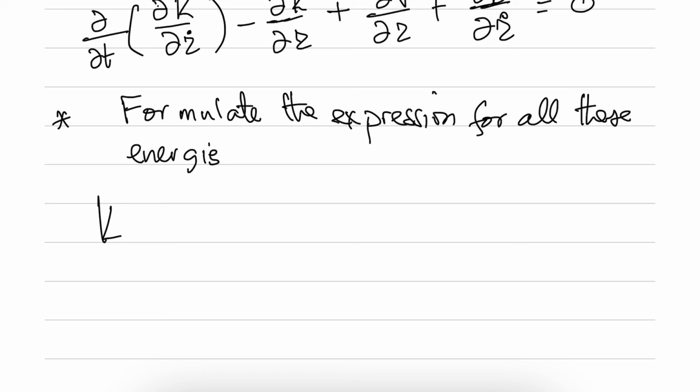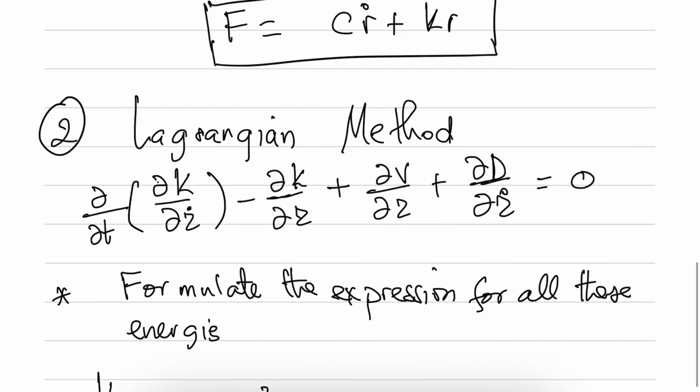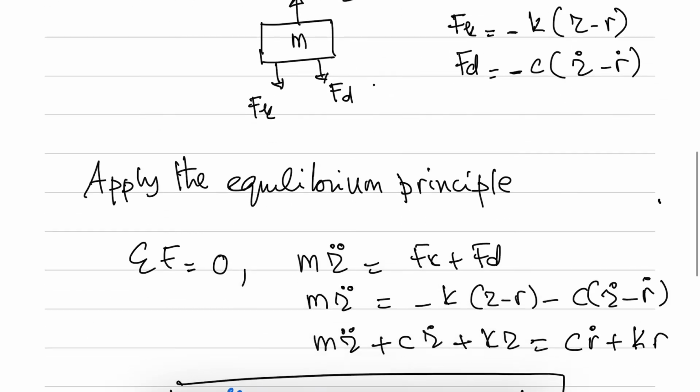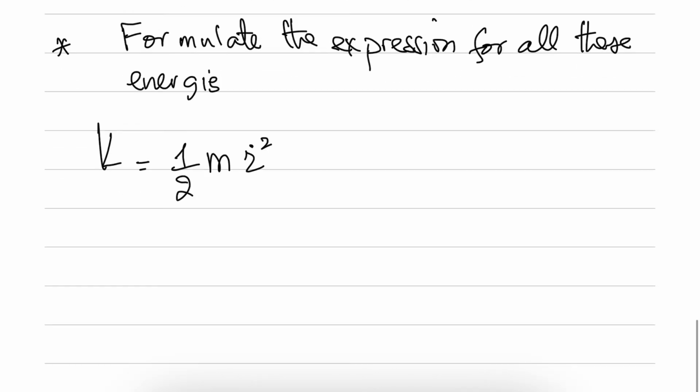The kinetic energy is directly proportional to the velocity squared, or a half of mass times velocity squared. Velocity squared in our case is z dot squared. In our system we have only one mass, so nothing else.